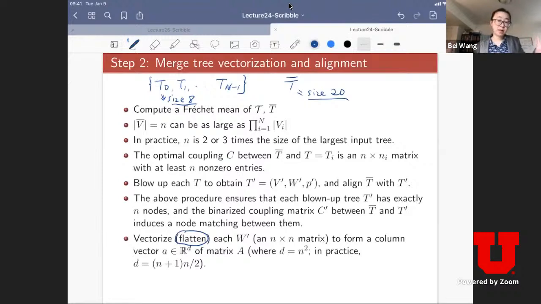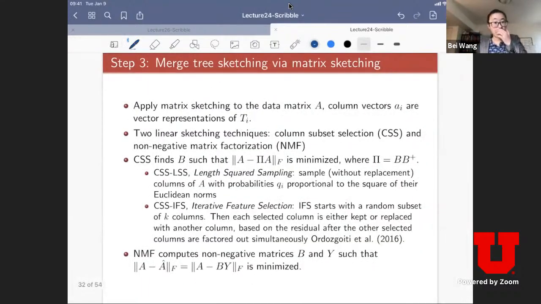Because every tree now is of the same size with the same number of nodes, the blow up distance matrix is now n by n, where n is the size of the average tree. Then you can just linearize it by taking each row of this matrix and concatenating them together. That becomes the high dimensional vector representing the tree. So that's step 2. Now all the trees are going to map into a column of this matrix.